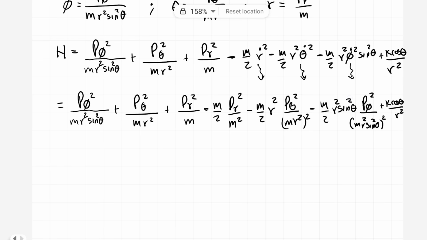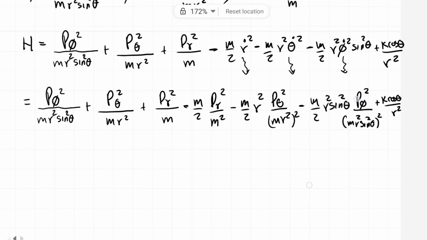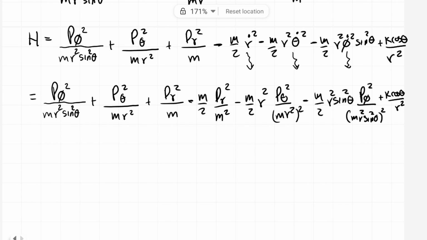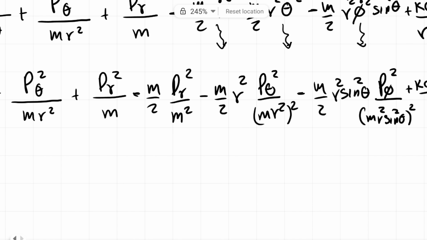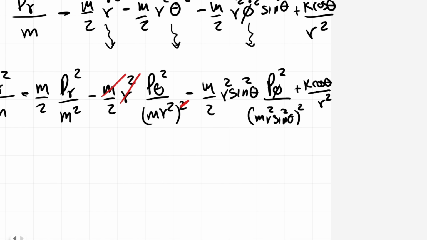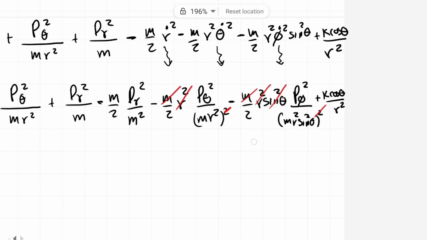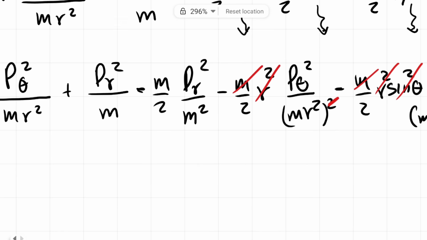Okay, and this is the magic of the Hamiltonian formalism. We can erase the derivatives with respect to time of the generalized coordinates in terms of some new variables p. Okay, so if we keep simplifying, we will get that the Hamiltonian is, as you can see, we can cancel this m r squared with this squared, this m r squared sine squared with this, and that also happens here with this m.